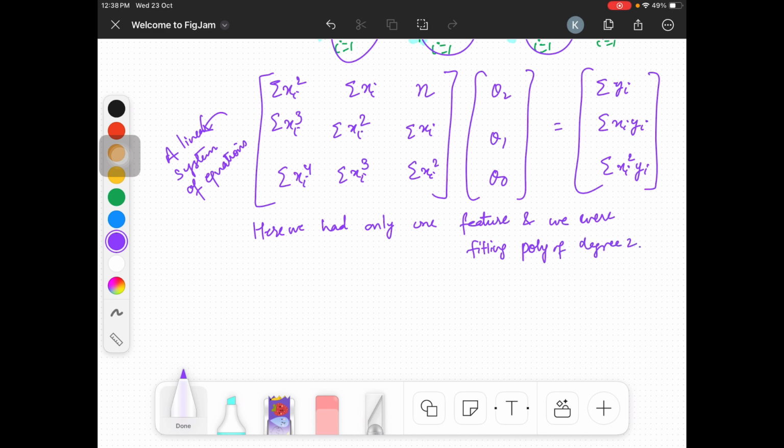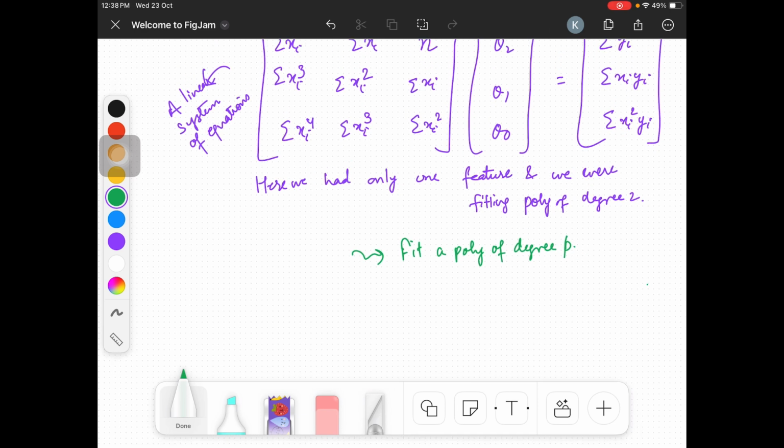And if you fit a general polynomial of degree, say p, then what will happen if I'm trying to fit a polynomial of degree p, then also you'll get something similar.